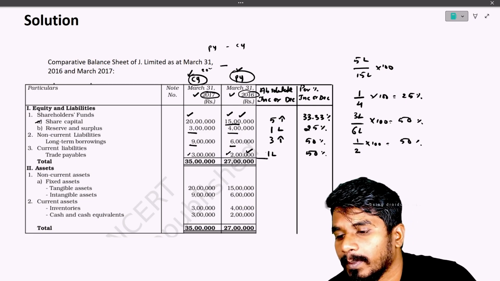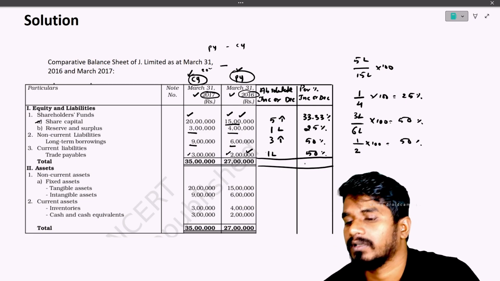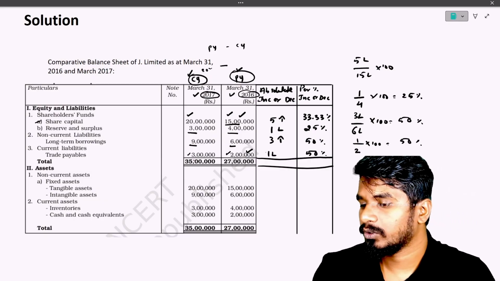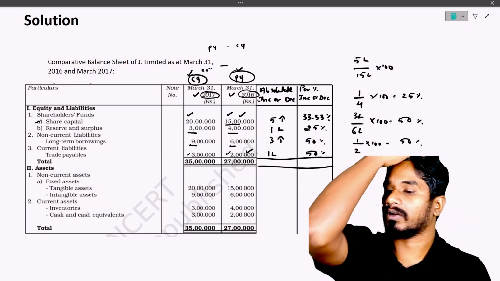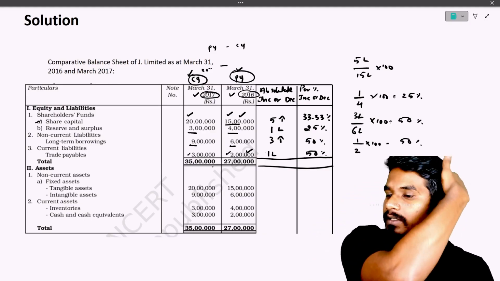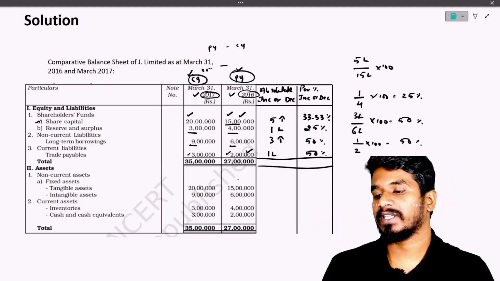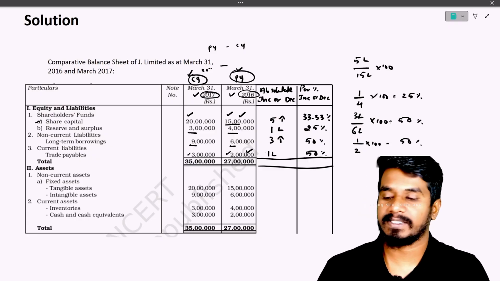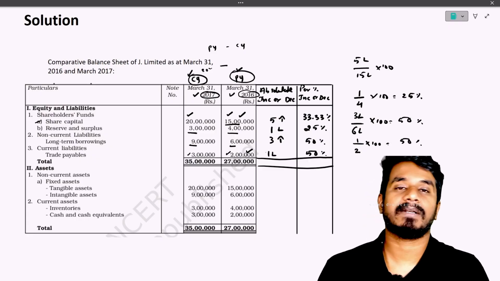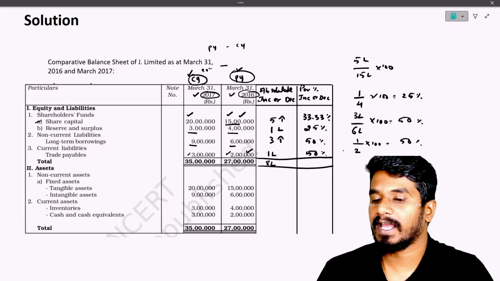So, now you need to compare these two also, total liabilities for 2016 and 2017. So let us see. In 2016 it was 27 lakhs, and 2017 it became 35 lakh. How much is the change? Change is 8 lakh.